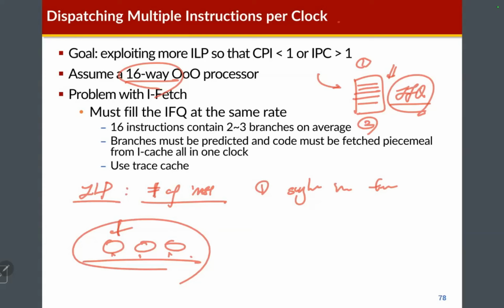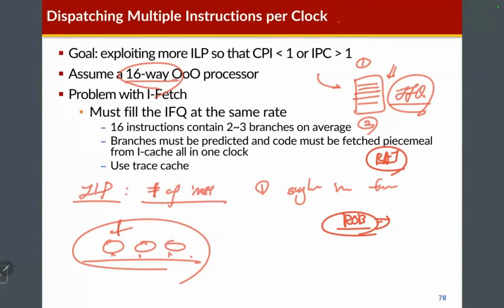Okay. So the ROB is also updated. In the ROB, multiple instructions should be registered. Also, the register alias tables need to handle multiple instructions.